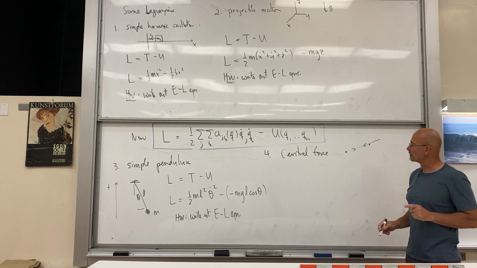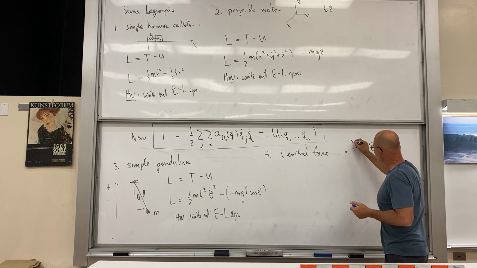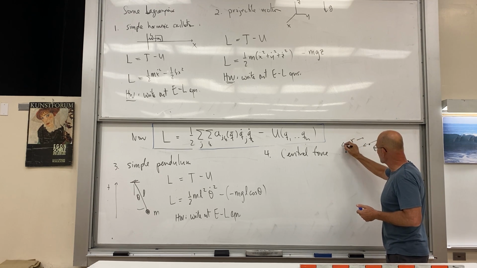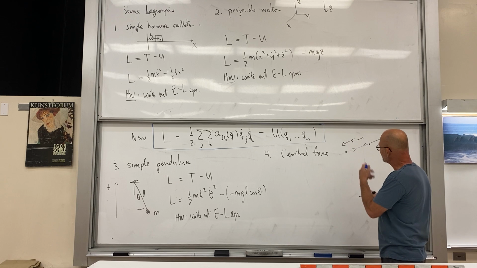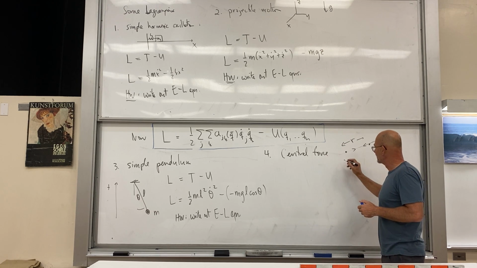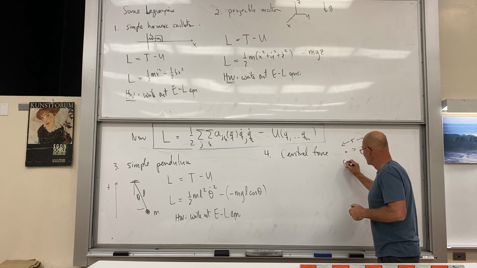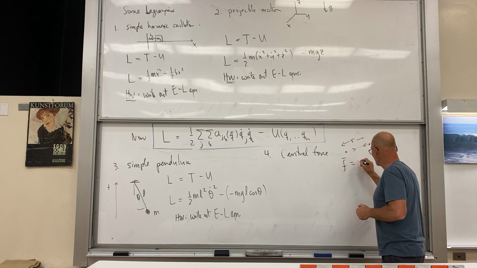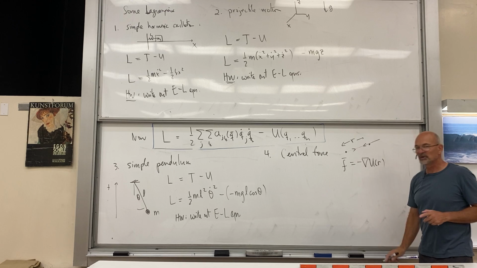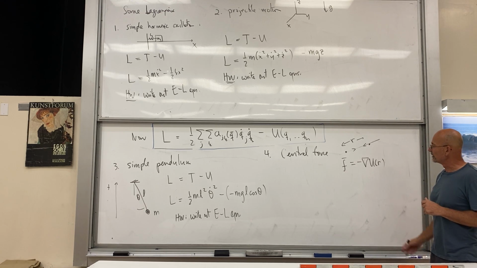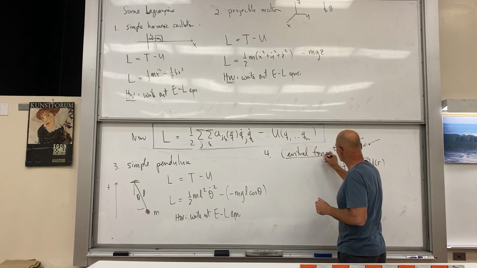And in the central force problem, we'll reduce that to a separation distance r, and therefore the force will be generated. Central force F is minus gradient U of R. Okay, we'll do that systematically when we do the central force problem systematically.